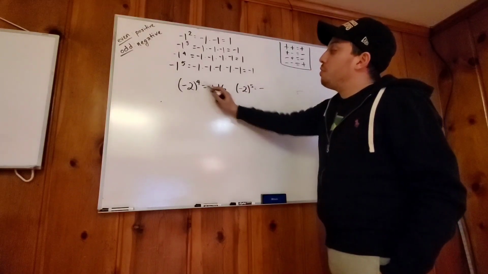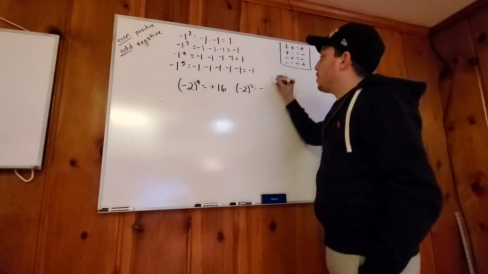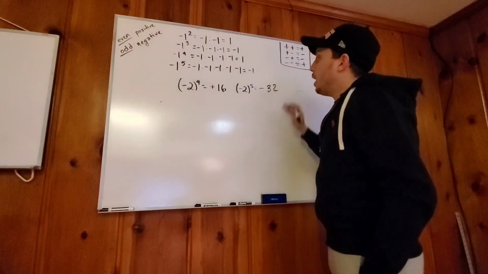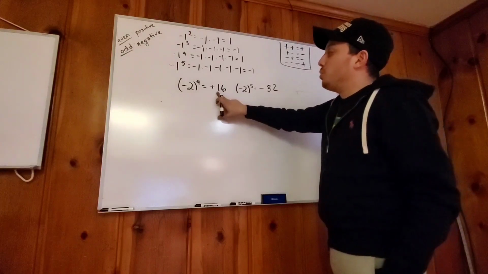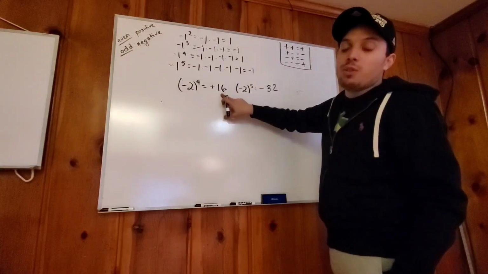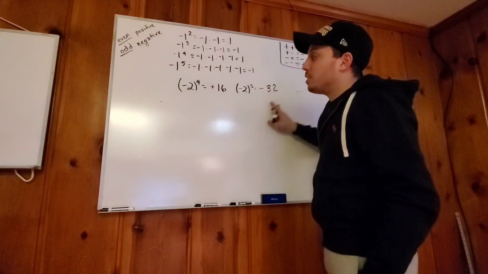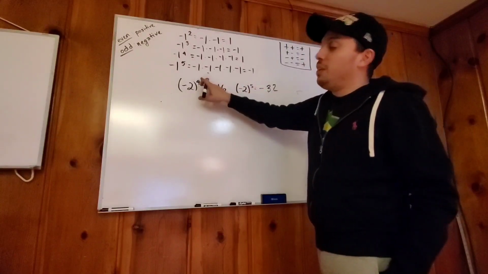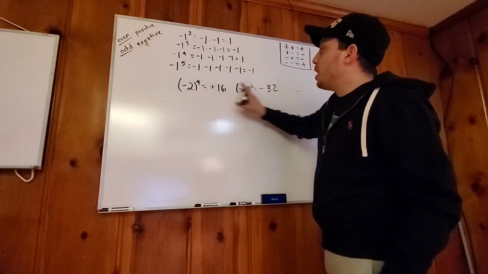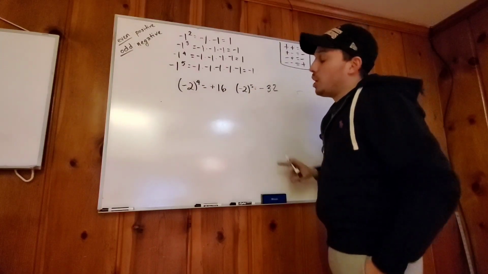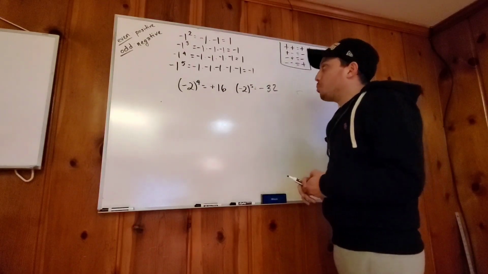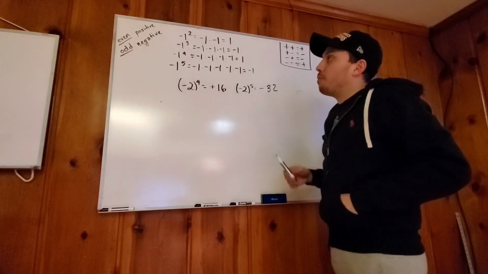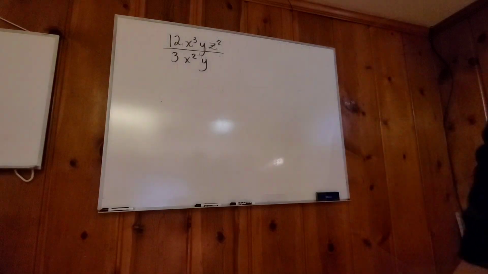Well, if 2 to the 4th is 16, then 2 to the 5th is going to be 16 times 2, which is 32. And so in here, we're not trying to trick you on whether or not you know what 2 to the 4th or 2 to the 5th is. We're trying to show you that you have to know that if it's an even exponent, it will be positive, and if it's an odd exponent, it will be negative. And that is it for the first part of the lesson.